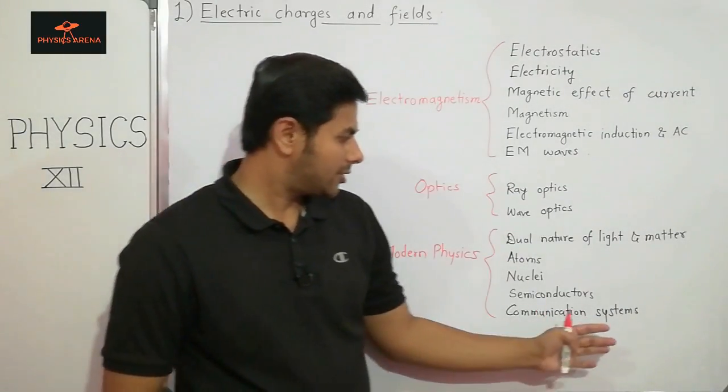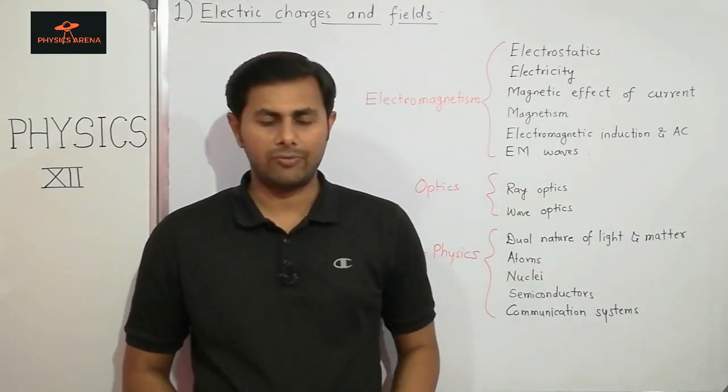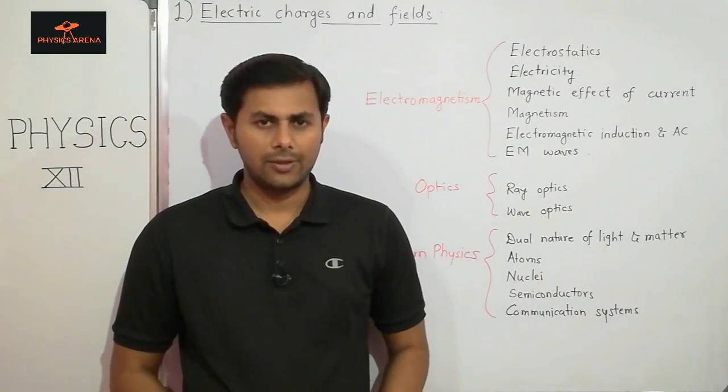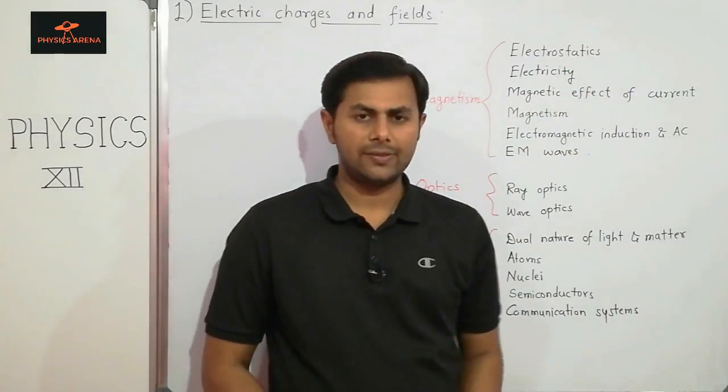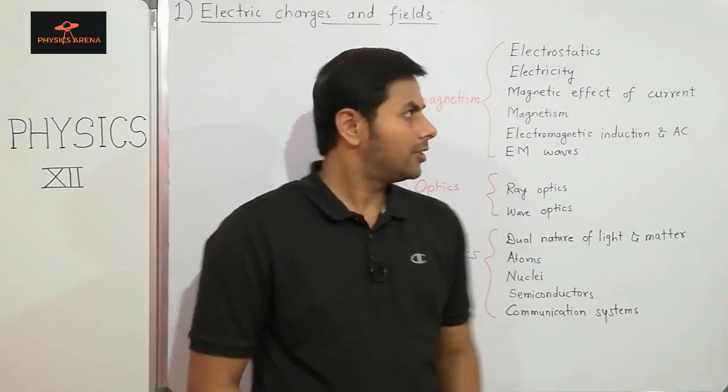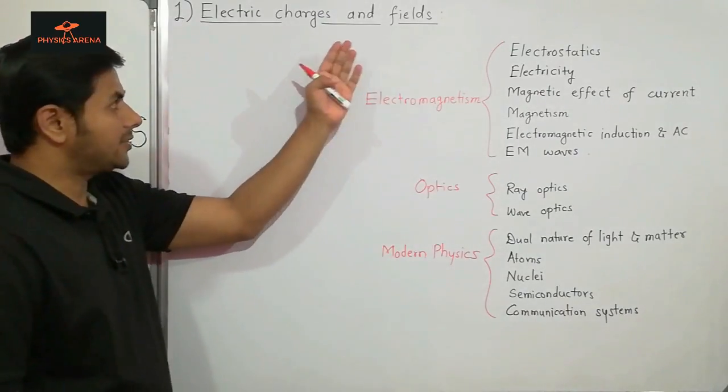So these are the topics which we will cover in the course. In today's lecture, we'll start with the electrostatics, and in particular we'll start with electric charges and fields.